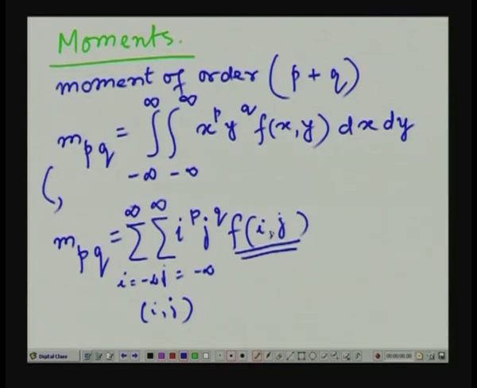Now, you find that the moment as it is defined in this particular case is not translation invariant. To make the moment translation invariant, what we take is what is called a central moment.